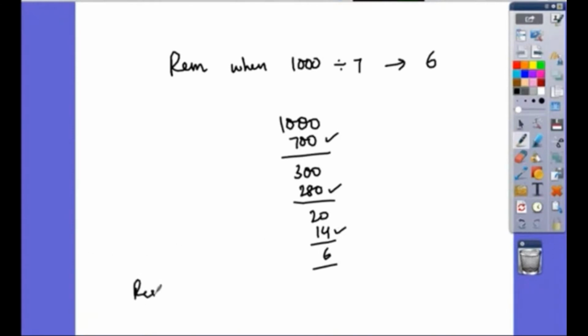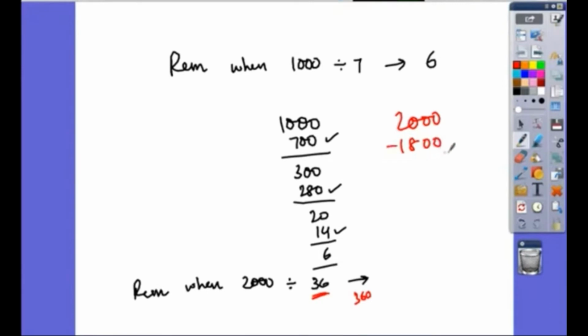Let's take one more example. If I ask you to find the remainder when 2000 is divided by 36. From 2000, we'll have to take down something which is definitely divisible by 36. Let's see. 36 tens is 360. 36 times 50 is 1800.